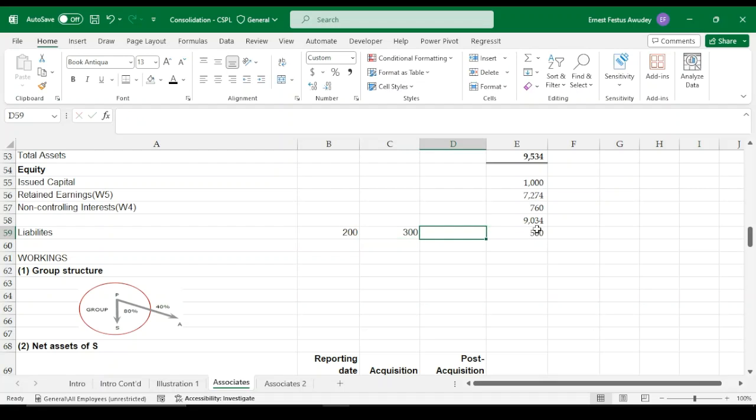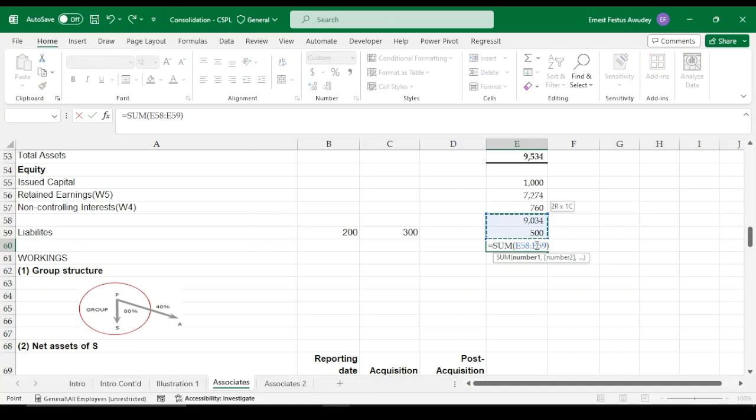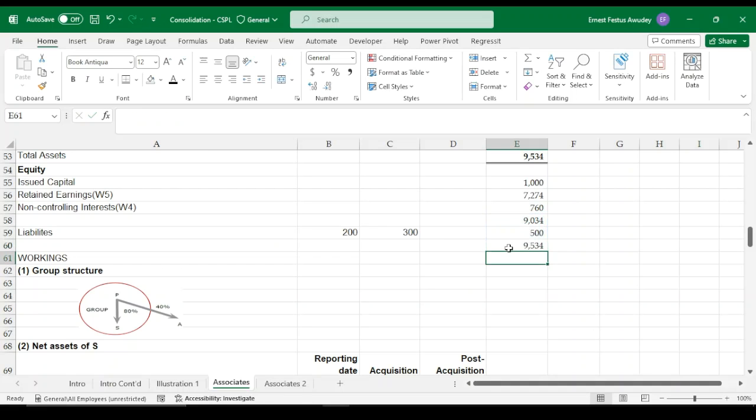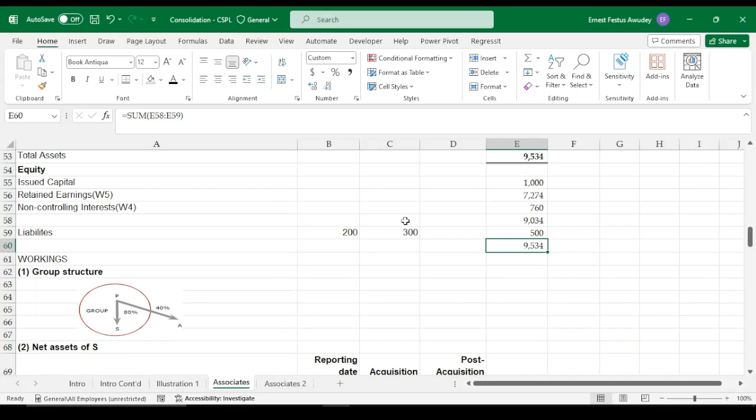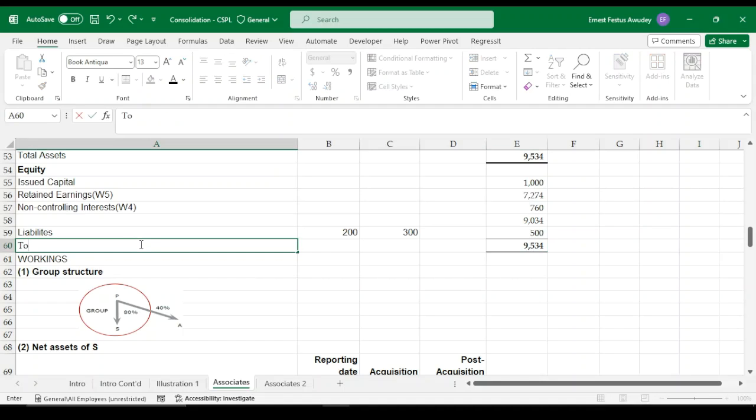So that gives me 500. Then I can add the two together, and that gives me the same figure as my total assets. So I can come here and name it total equity and liabilities.